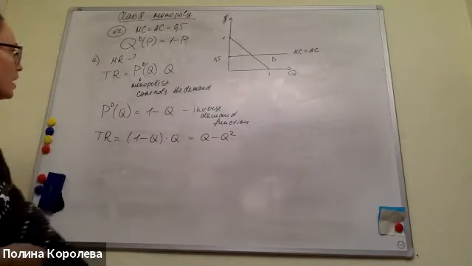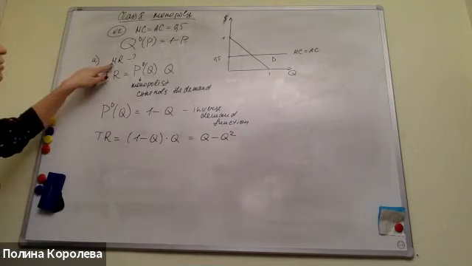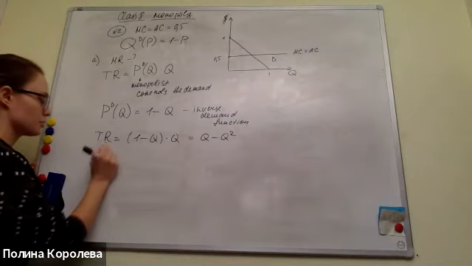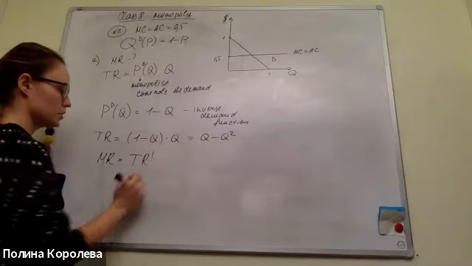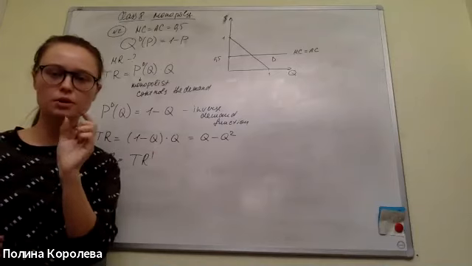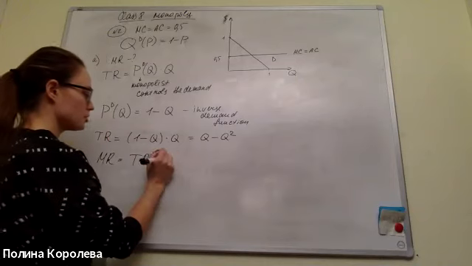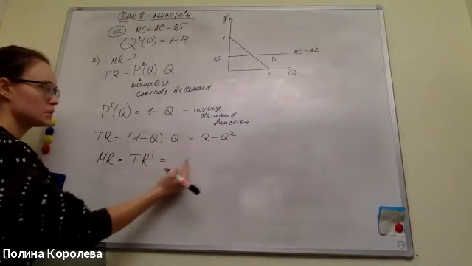But we are asked to find marginal revenue. How to find marginal revenue? What should I do? Find the derivative of total revenue. Yes, exactly. So this is the derivative of total revenue. This is the change in total revenue when we increase the quantity. Yes, when we change the quantity, by definition. So take the derivative.